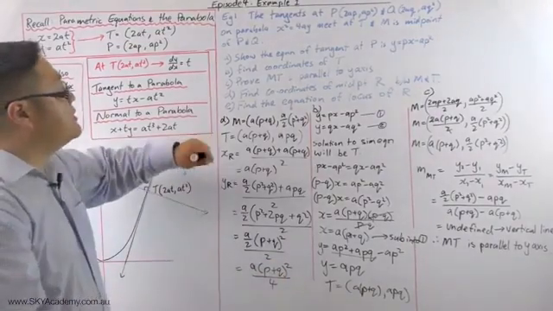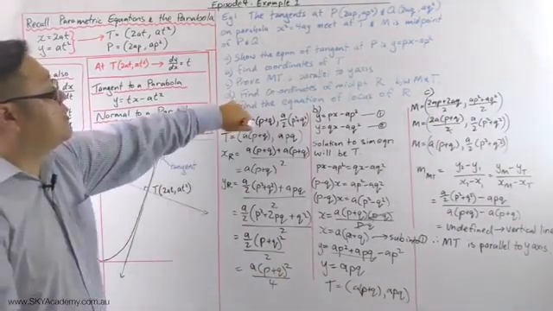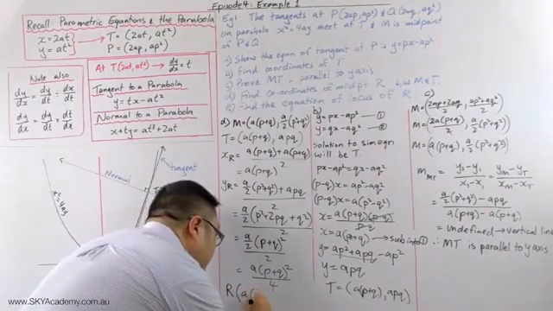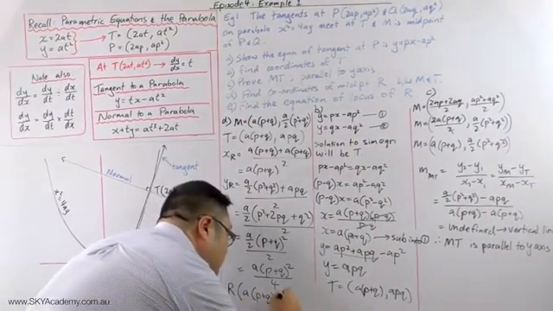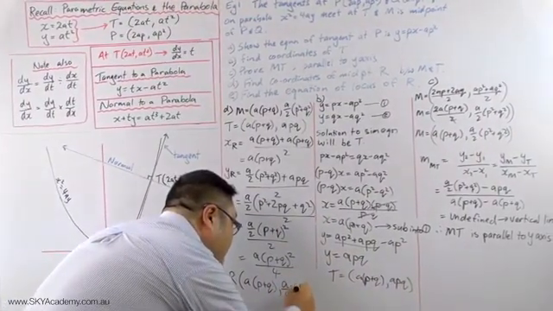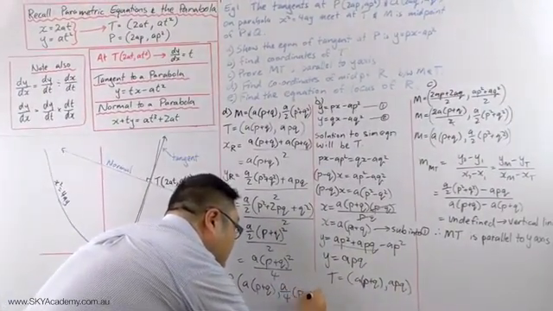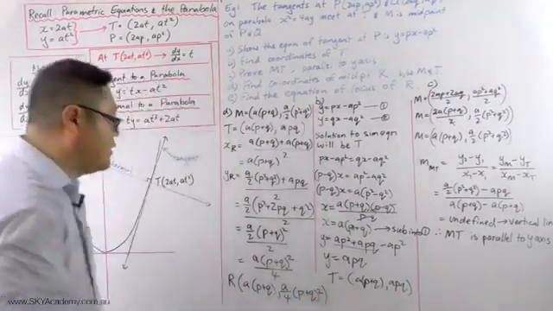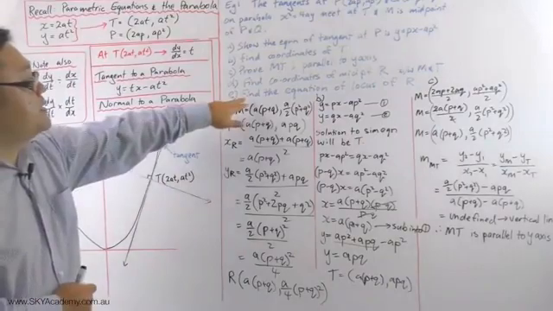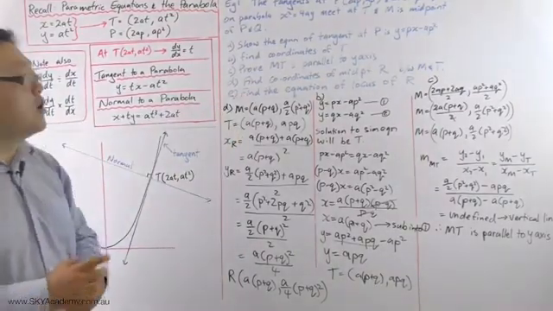Okay, so what are the coordinates of R? All right, the coordinates of the midpoint R are going to be a(p + q) and a on 4 outside of (p + q) squared. Got that? Cool.